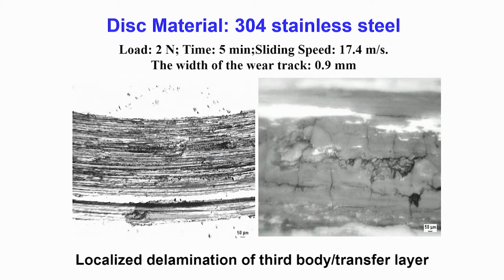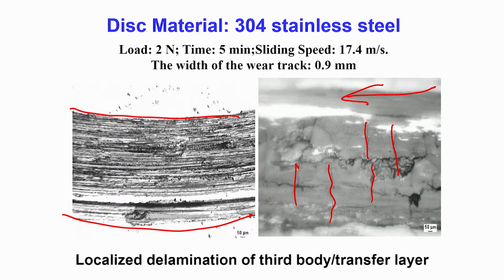Now, if you see 304 stainless steel, at 2 Newton load and sliding speed of 17.4 meter per second, this is how a typical sliding wear track looks. If you look at the higher magnification optical microscopy images, you can clearly see that the sliding is taking place in this direction and there are cracks.